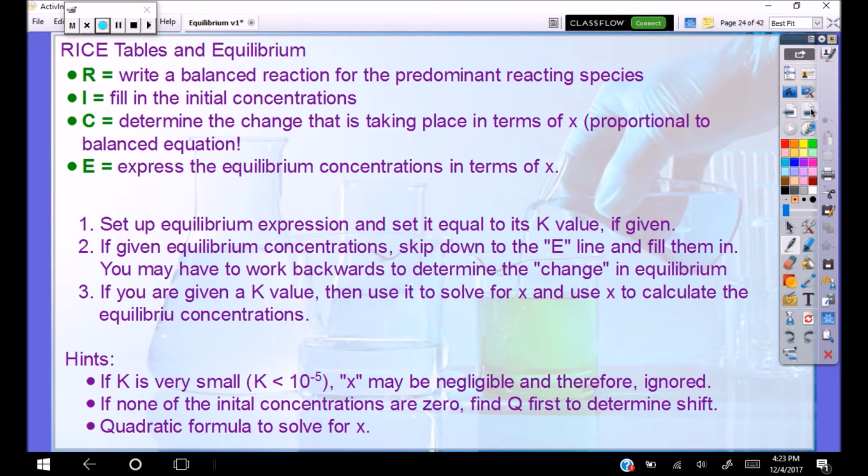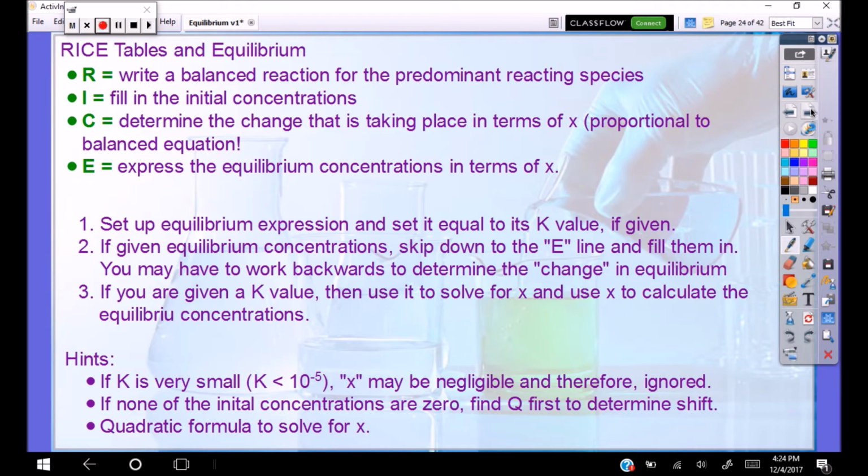So when we're solving these types of problems, we want to set up our RICE table. At the same time, we also want to set up the equilibrium expression and set it equal to its K value if it's given. That will save us a lot of trouble. If we're already given equilibrium concentrations, we can skip down to the E line and just fill them in.